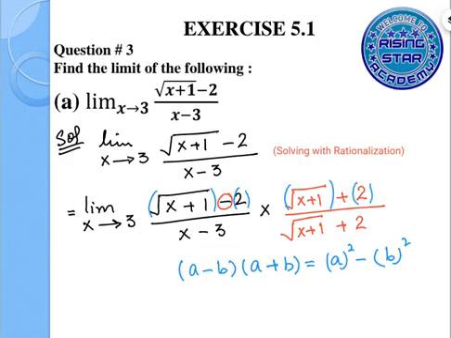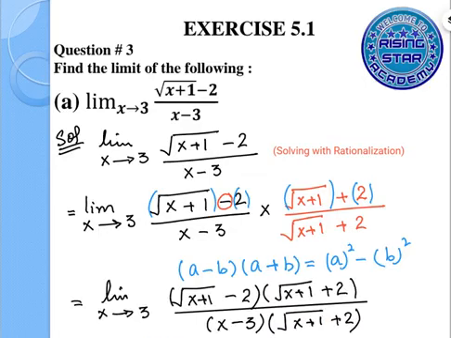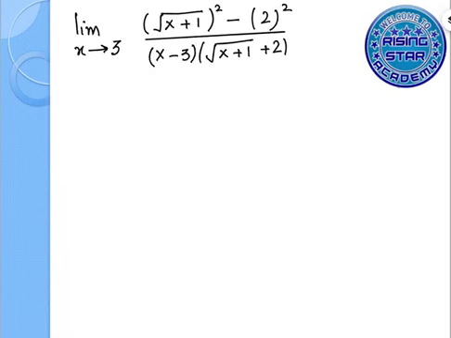So now I will write it. After multiplying, it can be written in this form. Now in the next step, I will apply the formula. So let's apply. In the next step, we will write it like this.